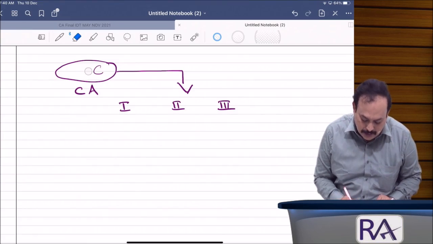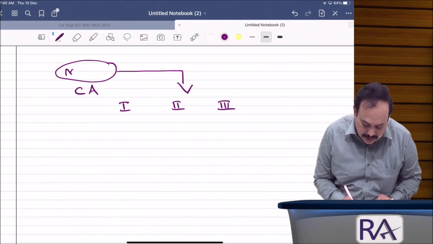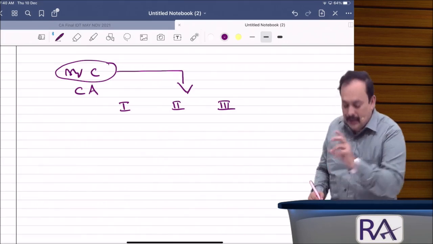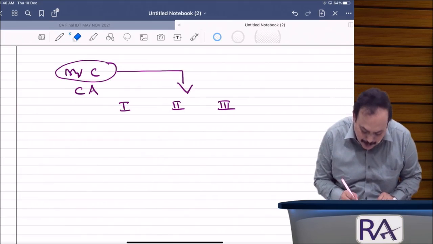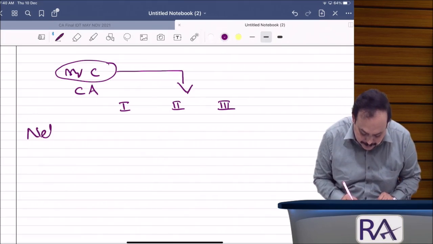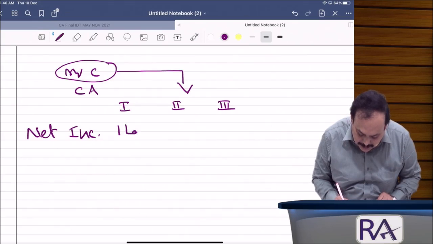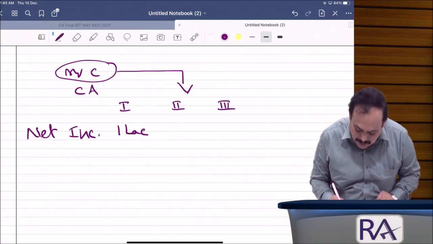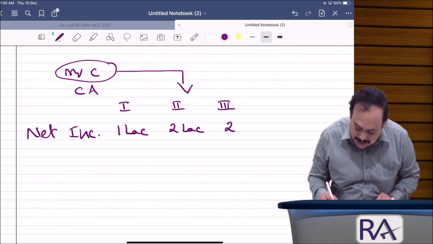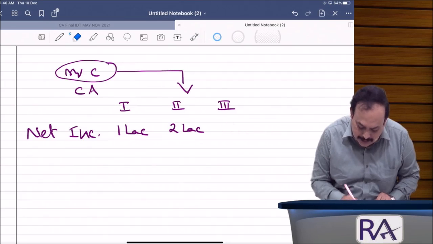Let us have Mr. C, a practicing CA, his net income I am talking about here. Let us say here 1 lakh, here 2 lakhs, here let us say 3 lakhs.